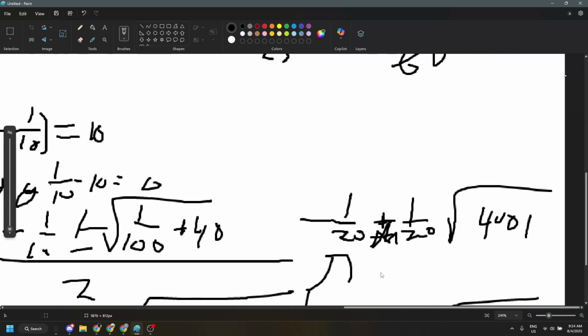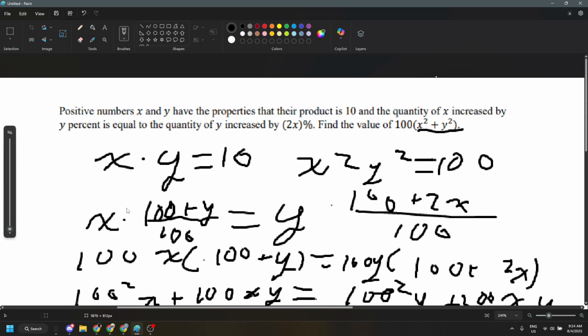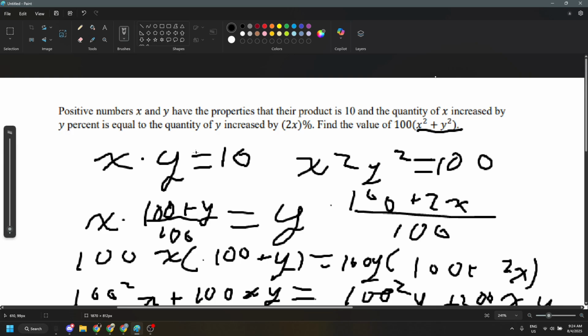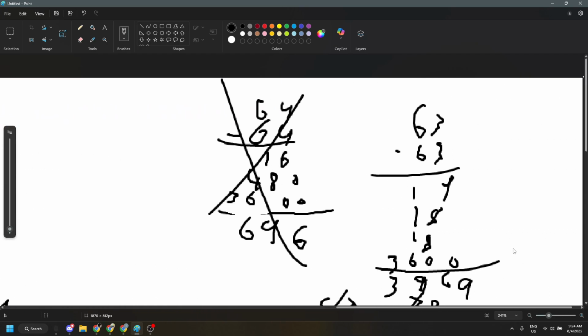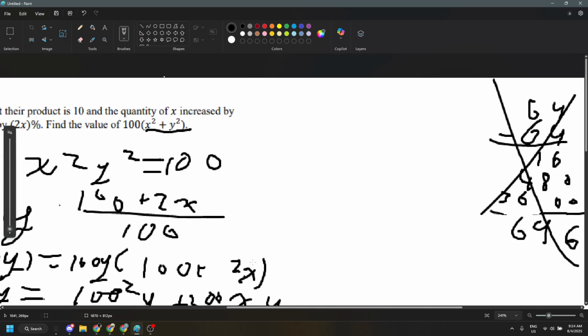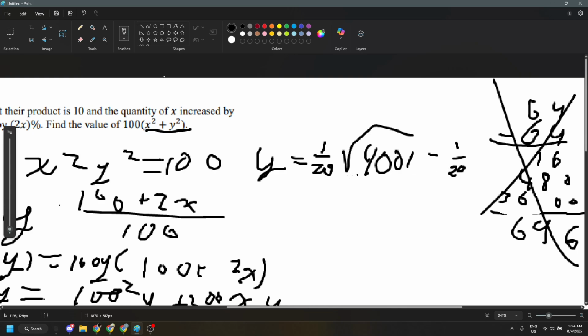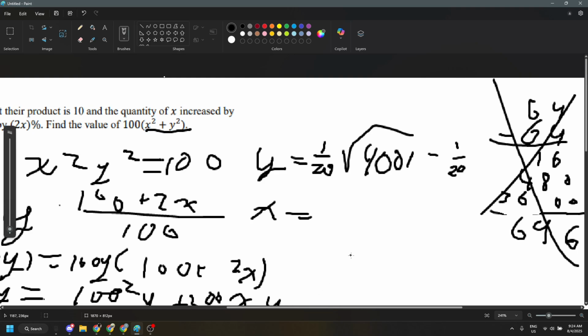I don't know. Let's find x. X is just 10 divided by this. So if we have y is equal to 1/20th square root of 4001 minus 1/20, x is equal to 10 divided by this.